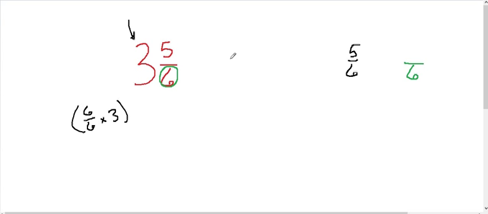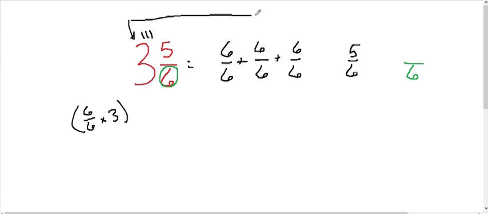We can also show this with addition. 6/6 is one part of the 3. Another 6/6 is another part of the 3. And finally, the last 6/6, if we add all these together, is a way to think of 1, 2, 3. It's the same as all of this.